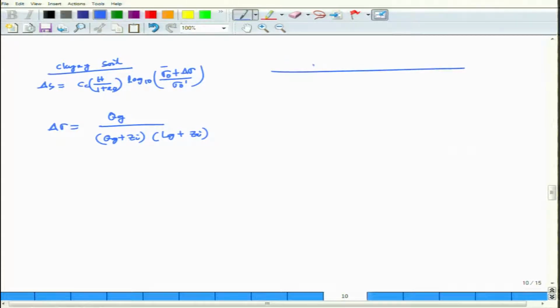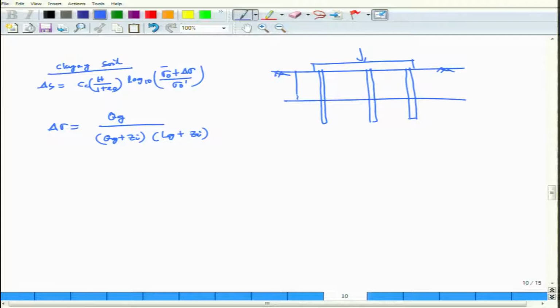Suppose this is my pile. In this pile, suppose it is a friction pile, I start with 2/3 L. From here if I move like this, then at the center here, suppose this is Zi, Zi is your distance from the application of load to the middle of the clay.